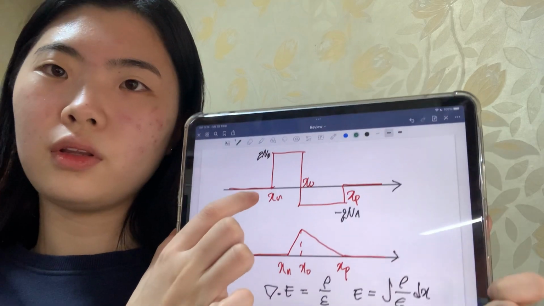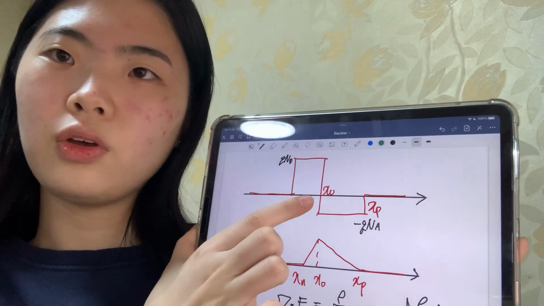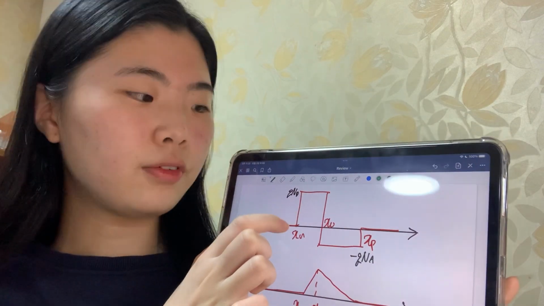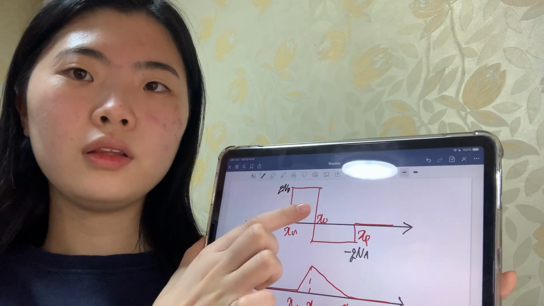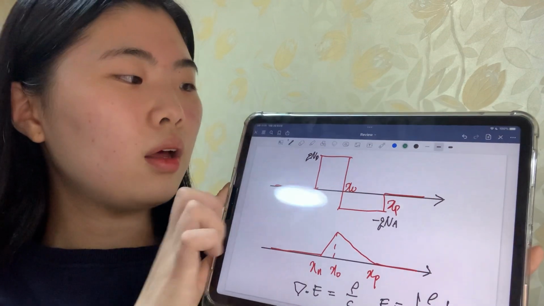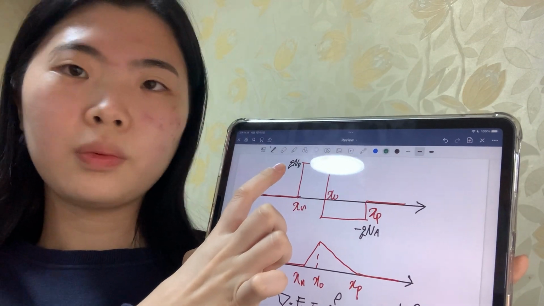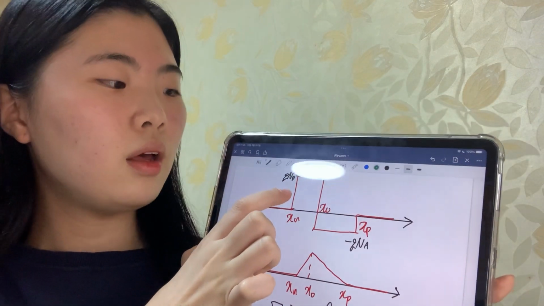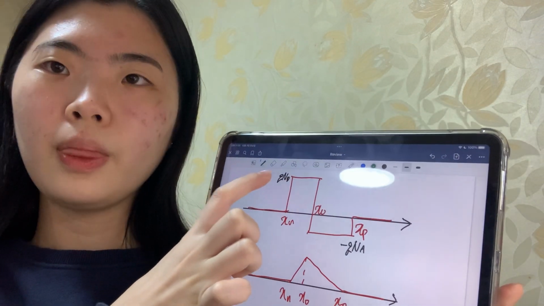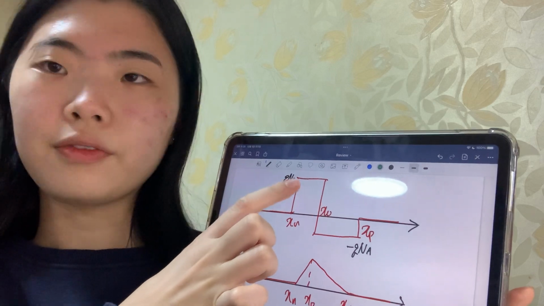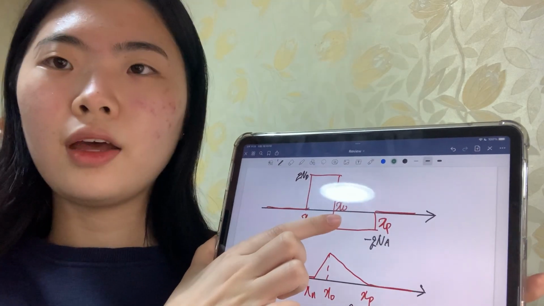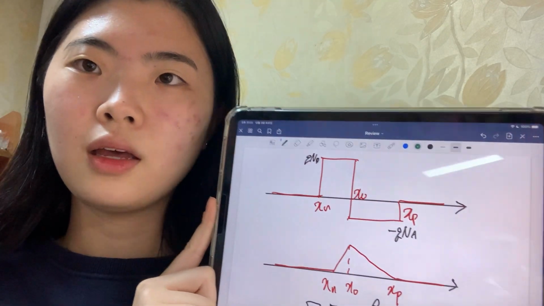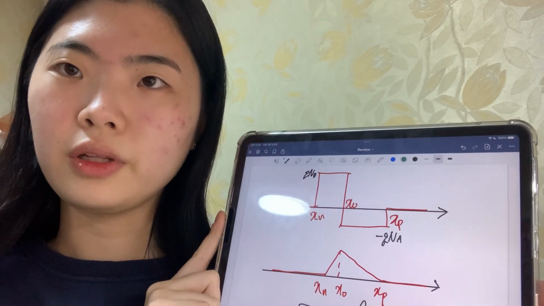From xn to x0, there is the n-type depletion layer, and we can draw a graph by multiplying q by the number of donors. From x0 to xp, it is the p-type semiconductor depletion layer.